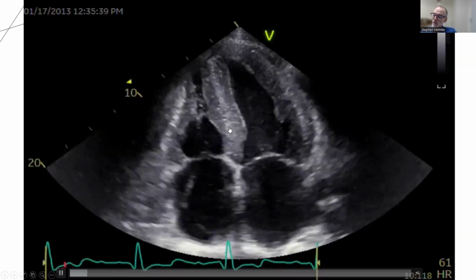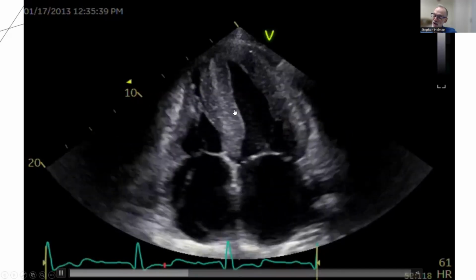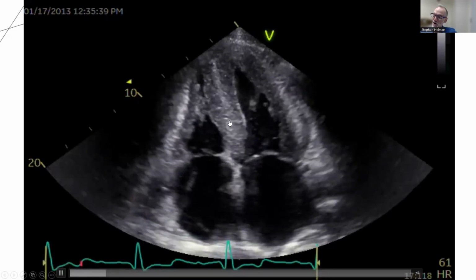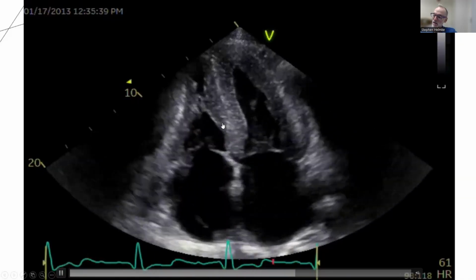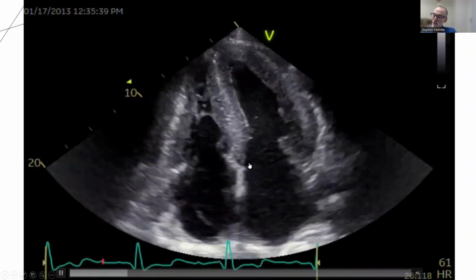What we understand about this heart is that it's thickened. That isn't the normal thickness of a heart wall. And there are a few other things that I can explain as we move on.